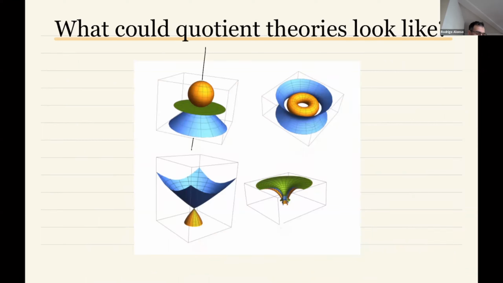And we can again capitalize on visualizing theories to see what at least these quotient theories could look like a priori. So we've already seen these theories here. Again, I remind you, gauge action is rotations around the axis in this space that we've reduced to be two-dimensional for visualization.